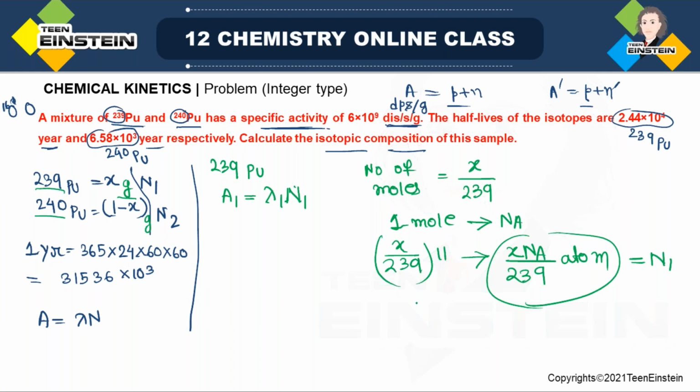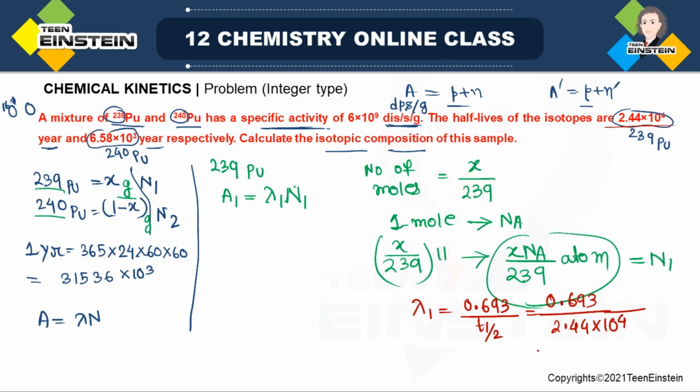Fine. And how will we get the value of lambda 1? We know that the half-life is given, and when the half-life is given, you can easily find the value of the decay constant. So lambda 1 will be equal to 0.693 divided by the half-life. The half-life is given here, which is 2.44 × 10^4.